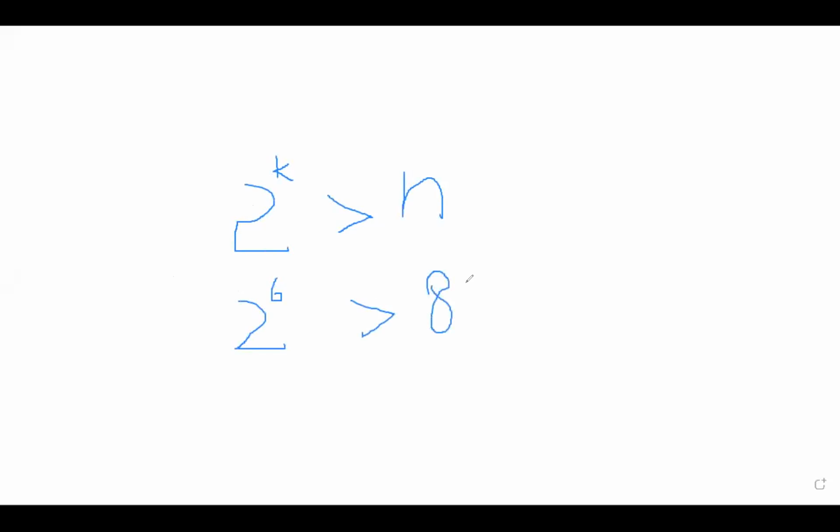In our case the number of observations is 80. This is 64, which is not greater than 80.